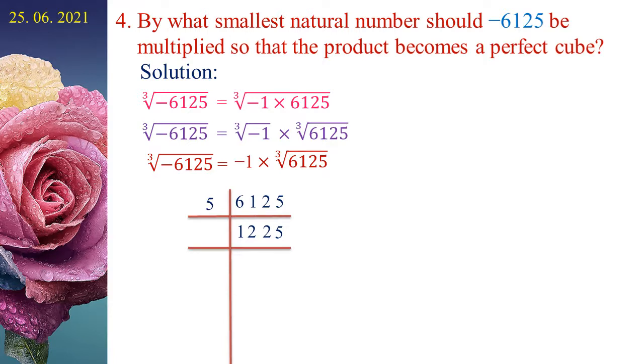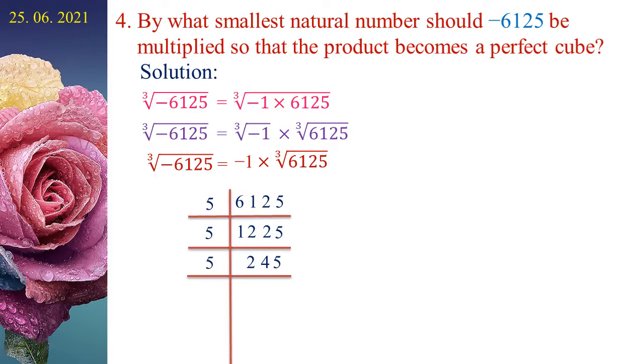The number 1225 is ending with 5. So, we can divide by 5. 2 5s are 10, balance 2, 22, 4 5s are 20, balance 2, 25, 5 5s are 25. The number 245 is ending with 5.